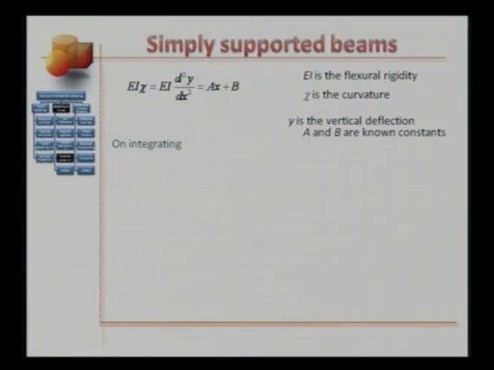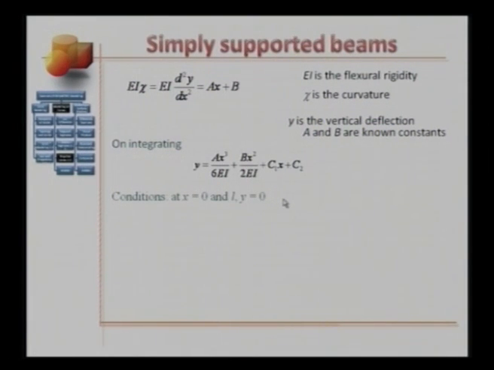If we integrate this relation twice, we'll have y equals a times x cubed over 6EI plus b times x squared over 2EI plus c1 x plus c2. C1 and C2 are unknown constants which you can compute using boundary conditions. Boundary conditions at, say, x equals 0 and x equals L, the beam length, are that the vertical deflections are 0.